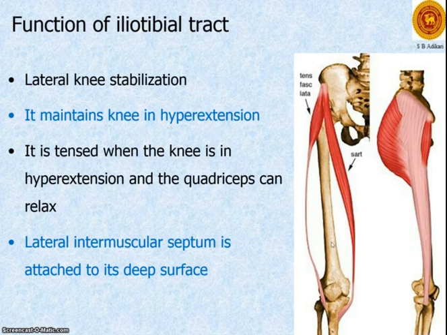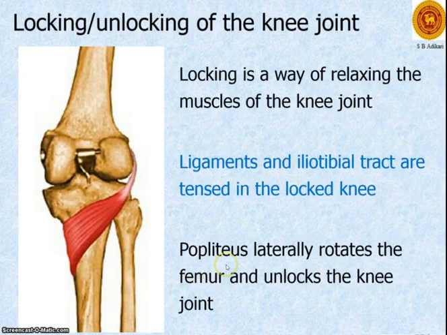And we discussed the locking and unlocking mechanisms of the knee joint in our previous lectures, and we said when you hyperextend the knee joint, the femur rotates medially on the knee joint, and then all the ligaments in and around the knee joint get tightened, and then you call the knee joint locked.